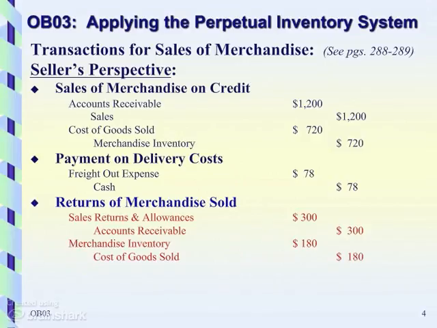Again, you'll notice here that the amount that's going back into the merchandise inventory and the amount relating to the sales return and allowance are two different dollar amounts. The reason, again, has to do with the markup associated with the sale, but we have to reflect our merchandise inventory and our cost of goods sold at the amount that we paid for those items.